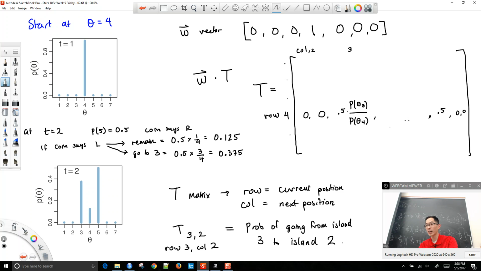That happens with probability 0.5 with flipping there, and so therefore the probability of remaining is going to be 0.5 times 1 minus probability of theta 3 divided by probability of theta 4. Is that okay?